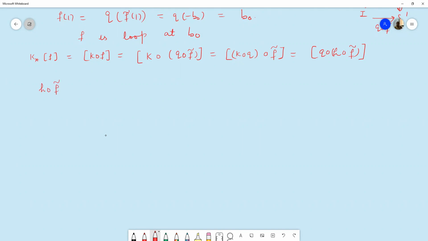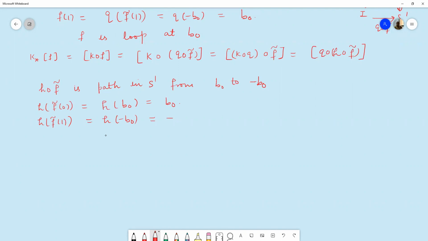Now H circle F curl, this is a path in S1 from B0 to minus B0, because F curl at 0 is B0, so H of B0 is B0, and H of F curl at 1: F curl is the path from B0 to minus B0, so it is minus B0, since H is an antipode preserving map.